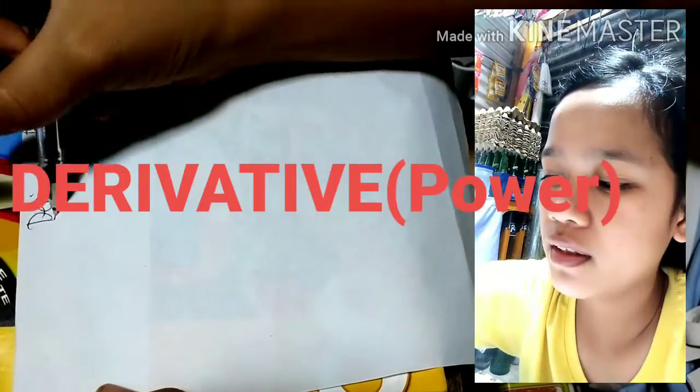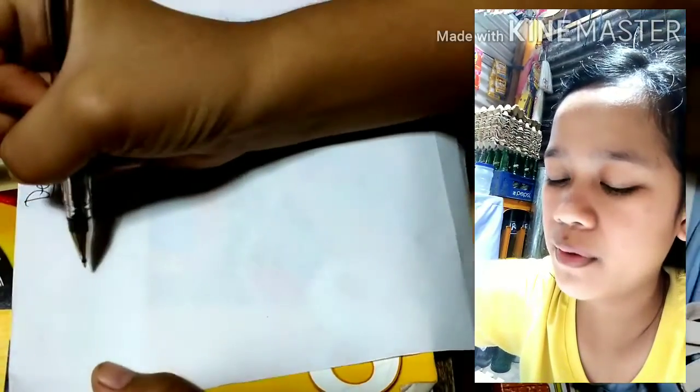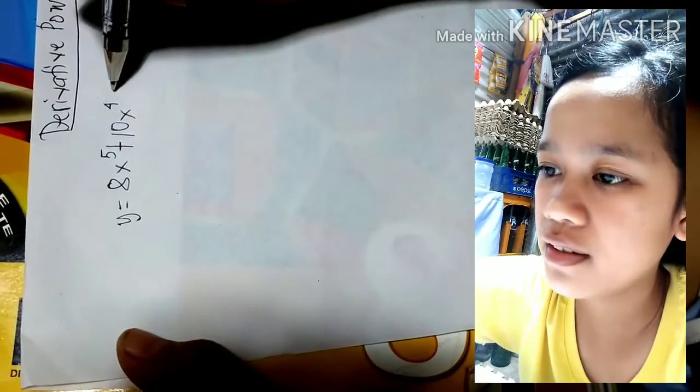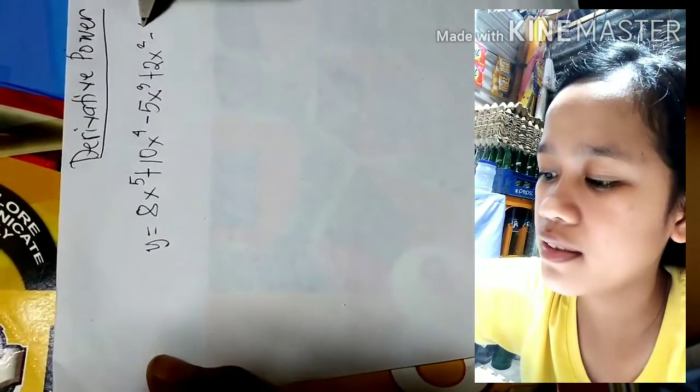This is the derivative power rule. So, the equation is y equals 8x raised to 5 plus 10x raised to 4 minus 5x cubed plus 2x squared minus 4x minus 16.